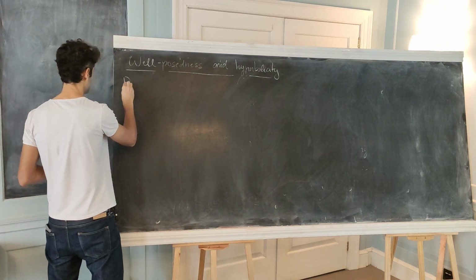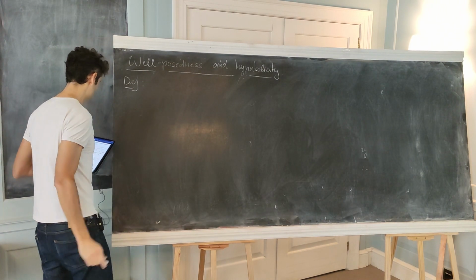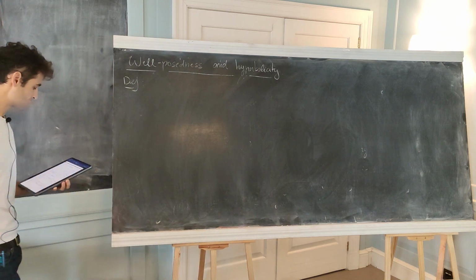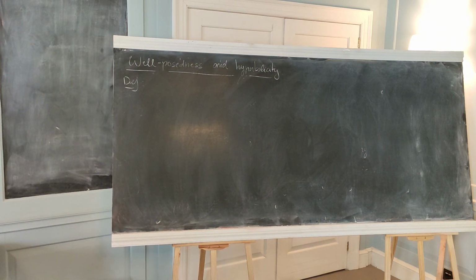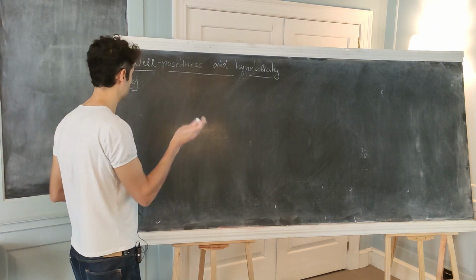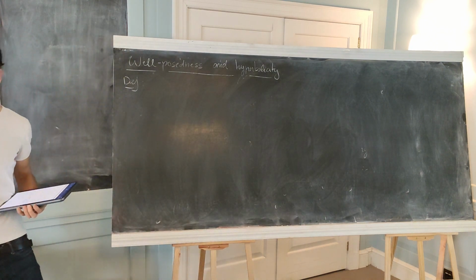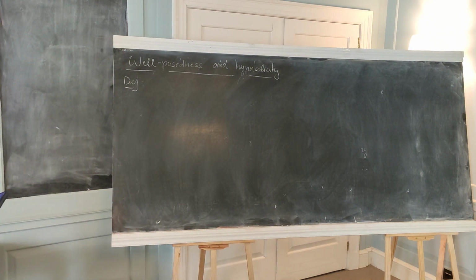Okay, so we start with a definition of what it means for an initial value problem to be well posed. And for the rest of today, I'm not going to refer to general relativity. So that's what I'm going to discuss, and it's valid for any sort of wave-like equation. Okay?